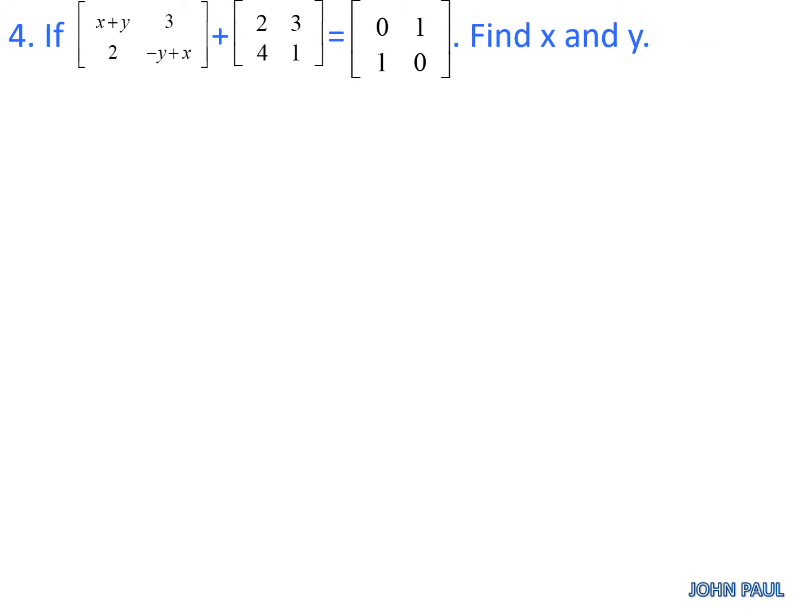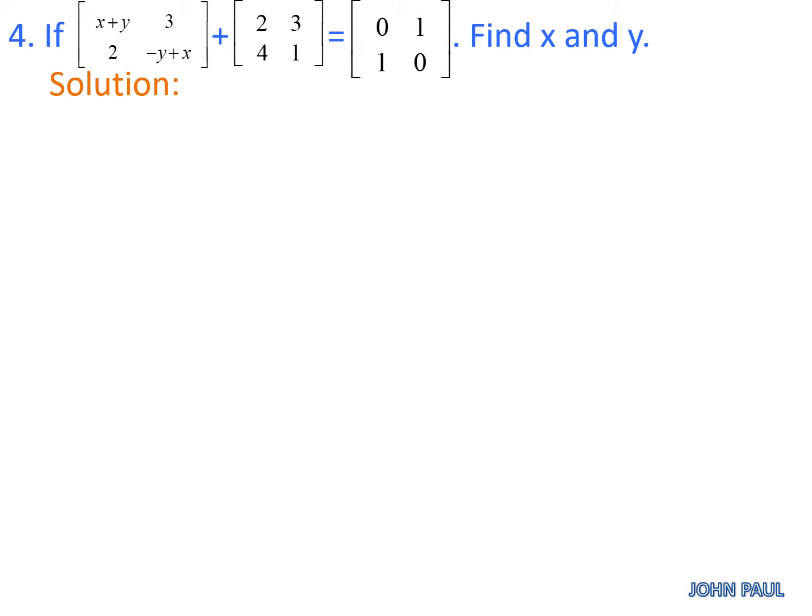Fourth one: if [x plus y, 3; 2, minus y plus x] plus the next matrix [2, 3; 4, 1] is equal to matrix [0, 1; 1, 0], find x and y.